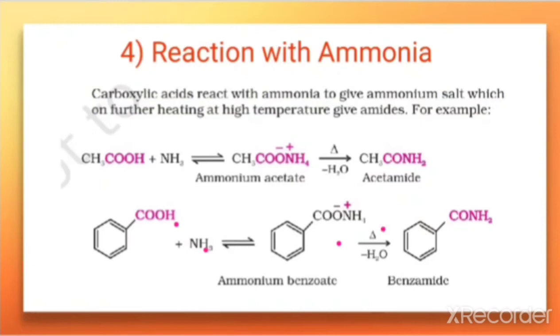When further heated, there is a removal of water that results in the formation of an amide, and this amide is called benzamide. So the reaction of carboxylic acid with ammonia first gives rise to ammonium salt, which is then further heated to give rise to amide. So it is one of the important reactions, the formation of amide from acid. From acid we can prepare amide in this way.